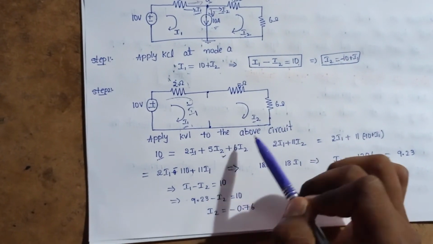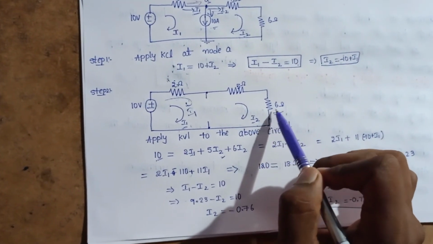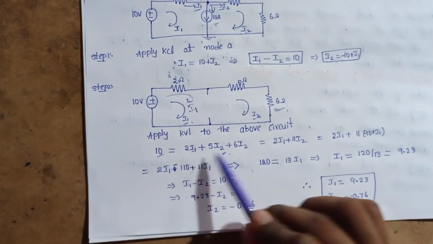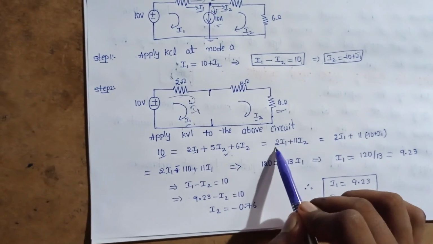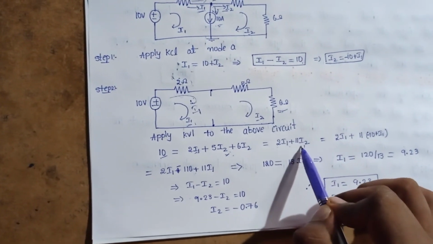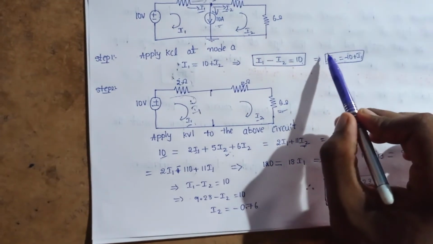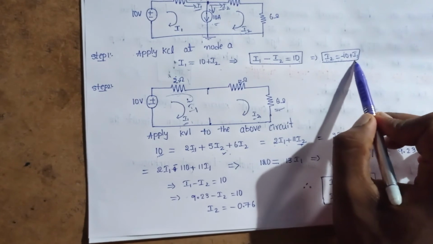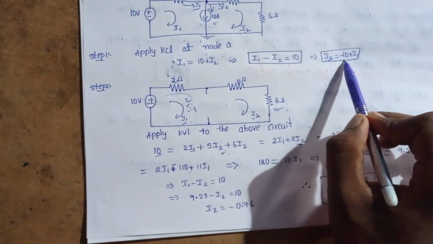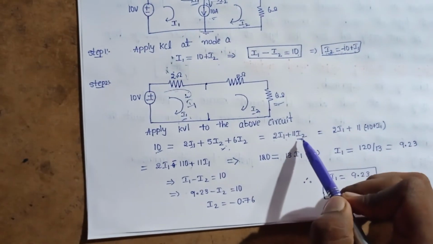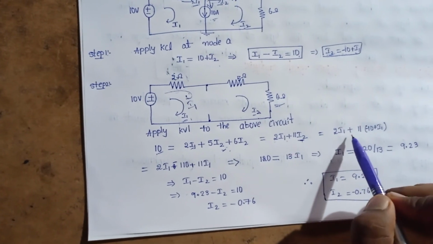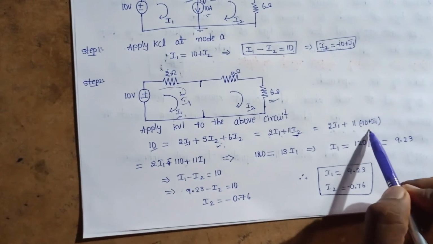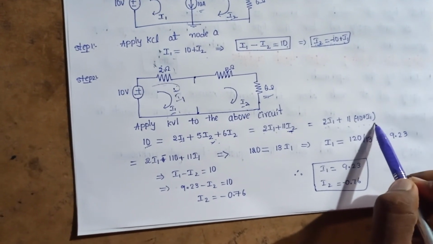The voltage across the 6 ohm resistor is 6 into I2. After simplifying, we get 2I1 plus 11I2. We know I2 equals minus 10 plus I1, so substituting in place of I2, we get 2I1 plus 11 into (minus 10 plus I1).